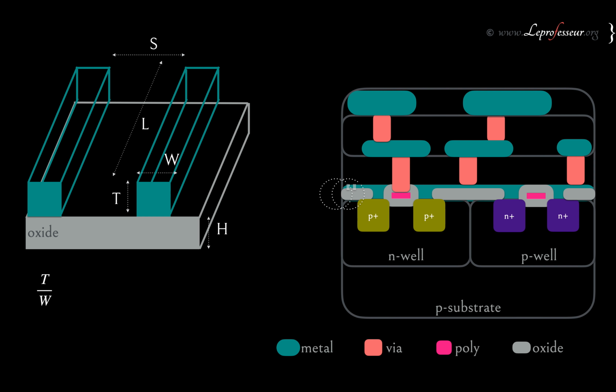The ratio of the thickness of the bar to the width is known as aspect ratio. And S plus W, the sum of the gap between two adjacent bars or wire segments plus the width of the wire, is known as pitch.